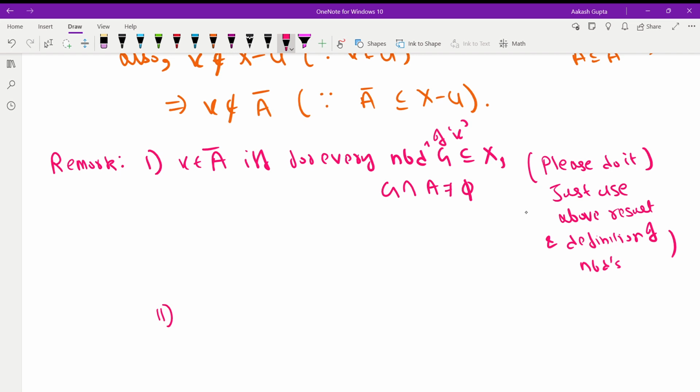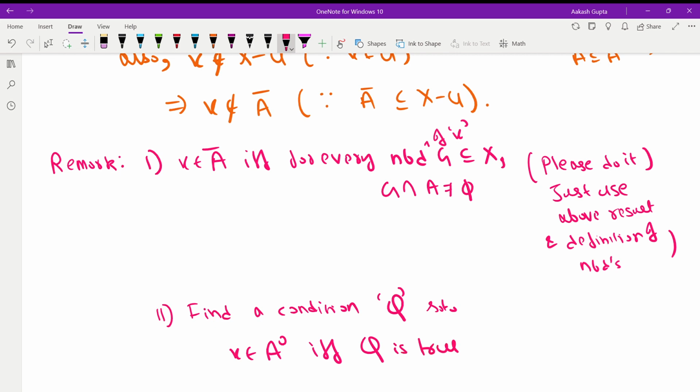The important thing I want you guys to try is to find a condition Q such that x belongs to A interior if and only if Q is true. So you have to look for this condition. I have directly given you one for the closure, but try to see if you have any condition for the interior.